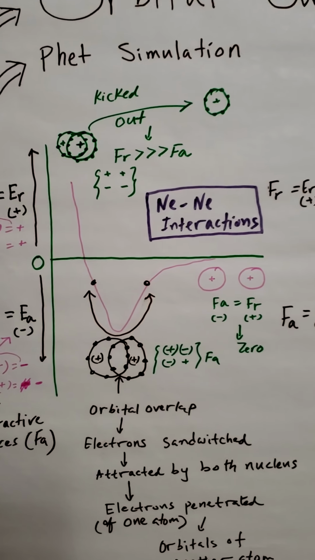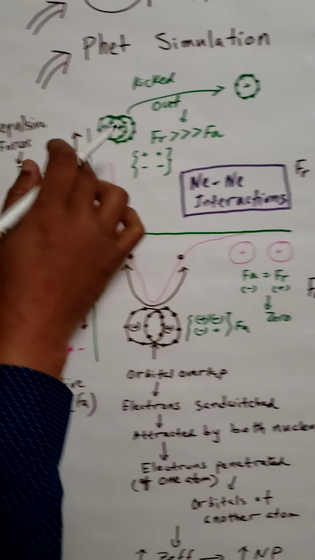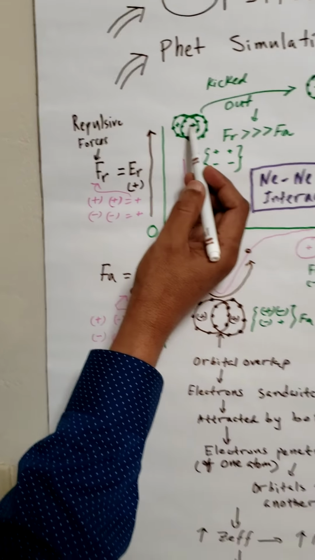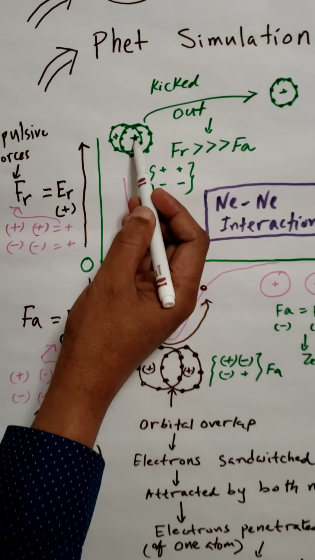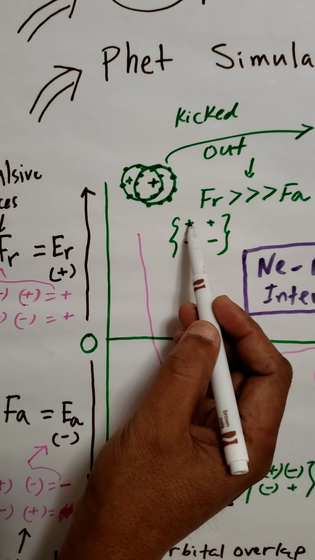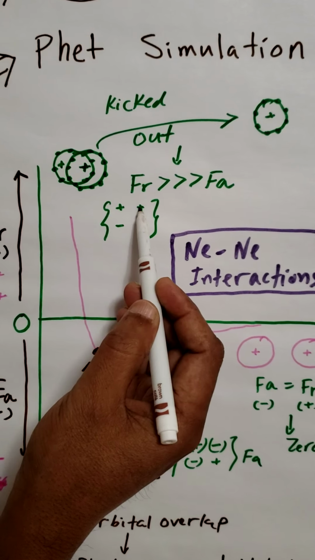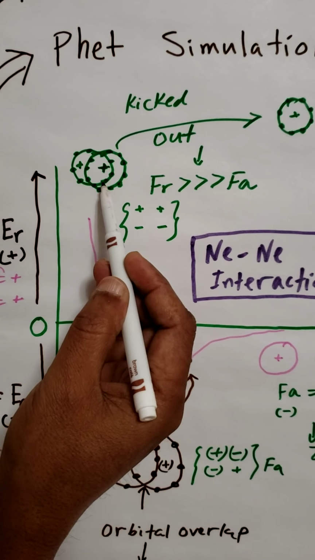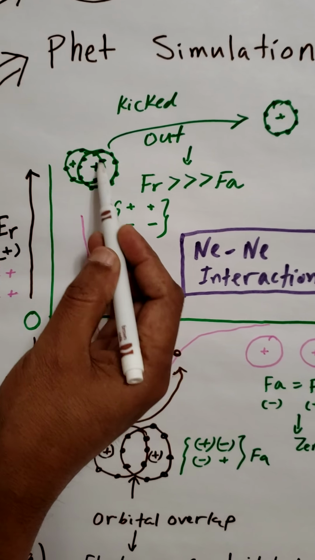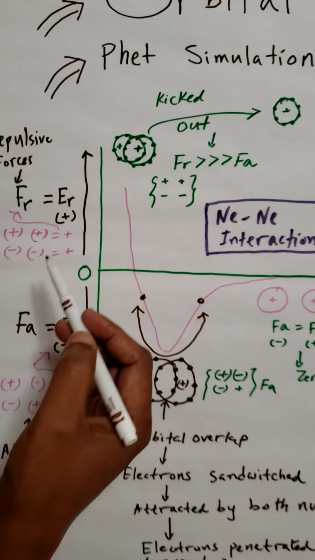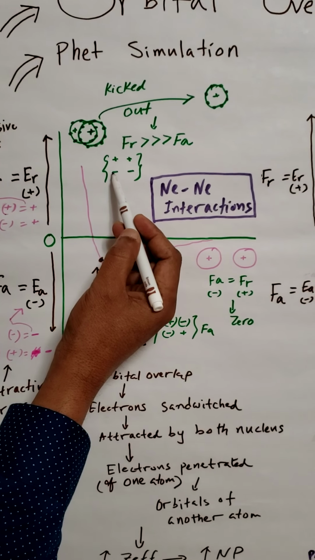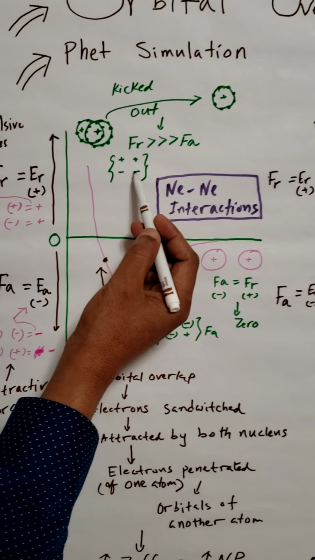So how do you get repulsive forces? When the atoms are very close to each other, their nuclei are also very close to each other, so you have nucleus repulsion, and the sandwiched electrons are also very close to each other, so you have electron repulsion.